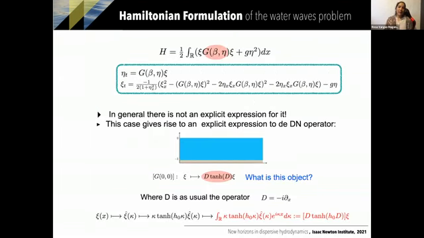In this Hamiltonian, as I said, we have the Hamiltonian that corresponds to the energy of the system, and the evolution equation can be set in terms of this Dirichlet-Neumann operator that appears explicitly in the Hamiltonian. But there is no explicit expression of this operator for a complex fluid domain.